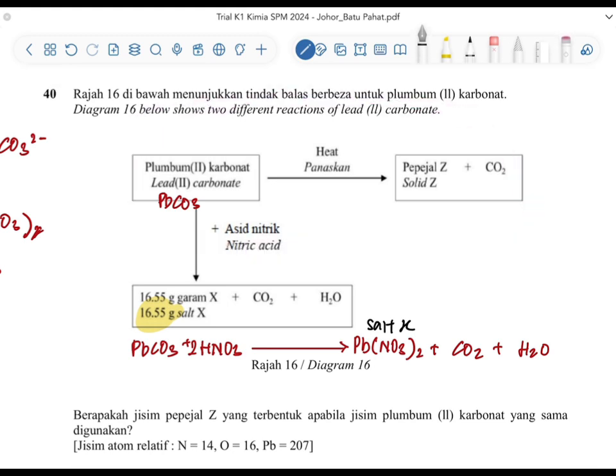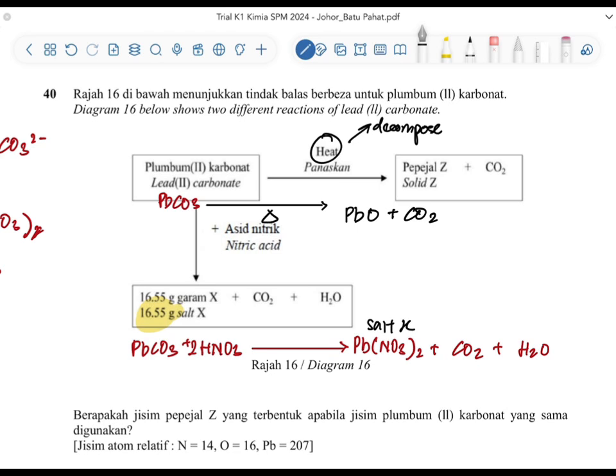Since we get this number of mole already, let's see another situation over here. So this is lead 2 carbonate. When we heat it, it will decompose. Heat will decompose the salt because the salt is not stable, therefore it decomposes. So this PbCO3 after the heating reaction will release PbO plus CO2.